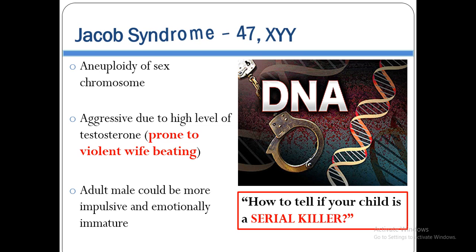Jacob syndrome is characterized like a normal person. If you look at a person, you cannot see any difference from a normal person to a person having Jacob syndrome. However, prominent characteristics could include acne, and they are taller compared to an average male.